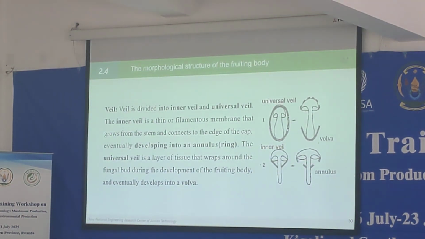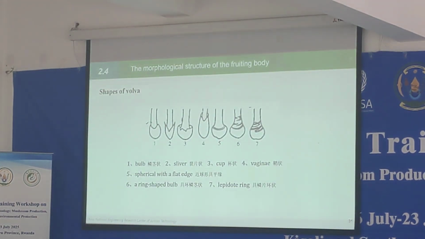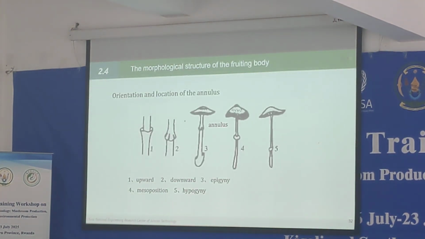And the universal veil in the end develops into the volva. The volva shape is different in different mushrooms. And the ring's growth position is different in different mushrooms.